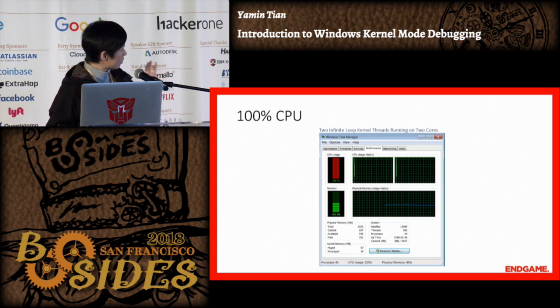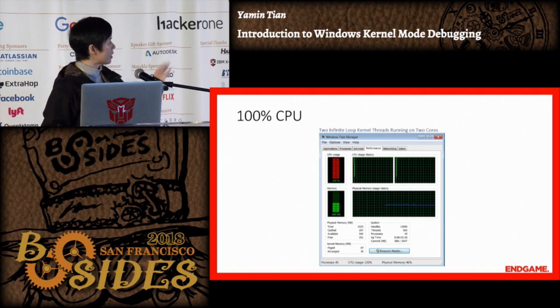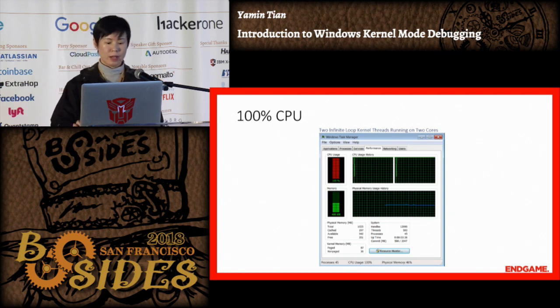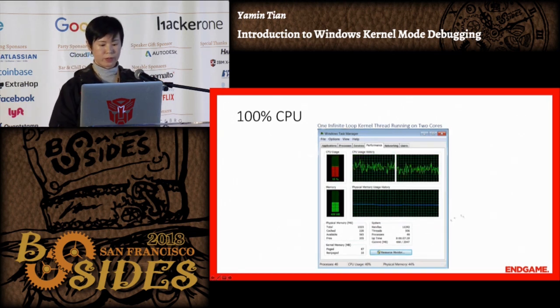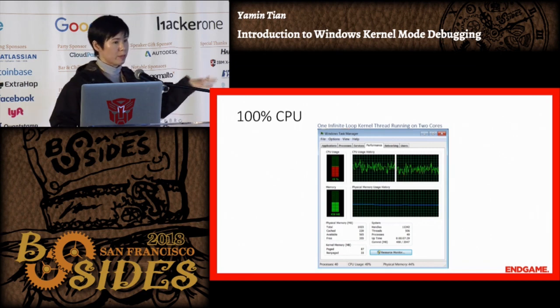The next one is also straightforward. My computer has 2 CPU cores. On each of them, I got 100% CPU. So that's also straightforward. But what if, for this case, it's not shown as 100%? To demonstrate this case, I wrote a sample code.